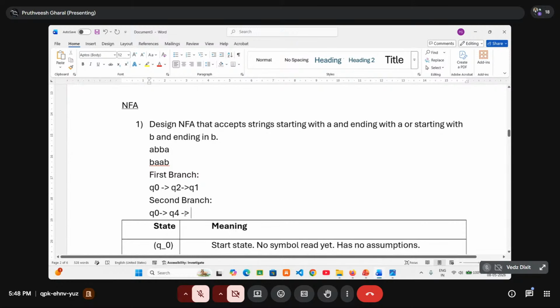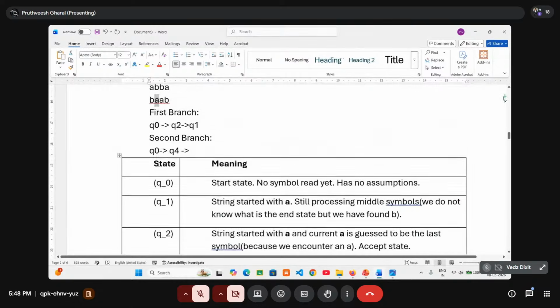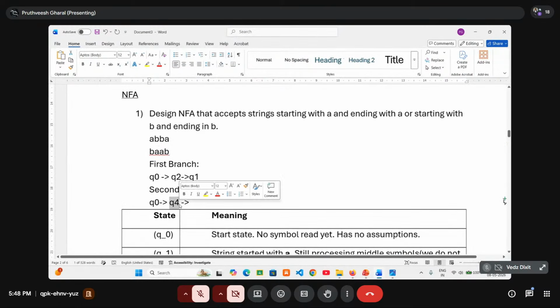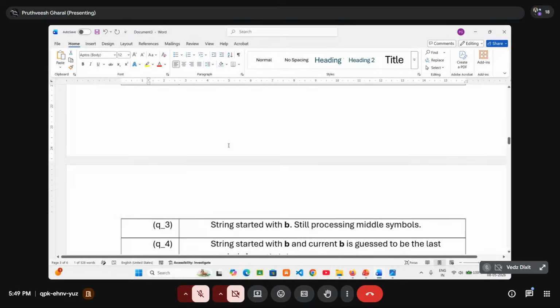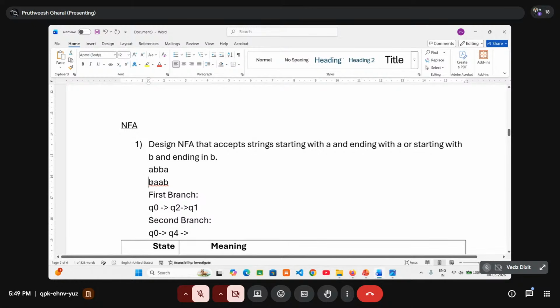So how we assume it is that when the first symbol is B, and the next symbol is an A, we tell the machine to not be in the state Q4. Why? Because Q4 is the accept state. It assumes we read the first symbol, and our assumption was that this is the final string. Q4 is an accept state, so we want our machine to be in that state.